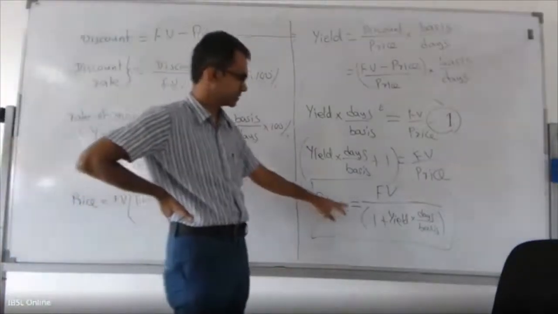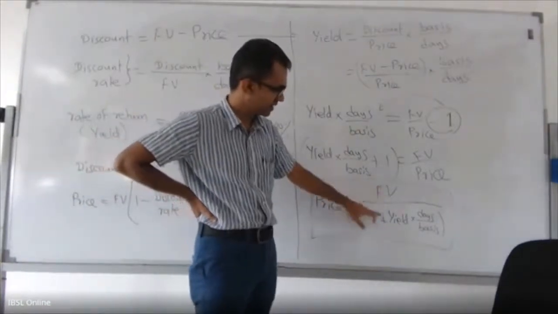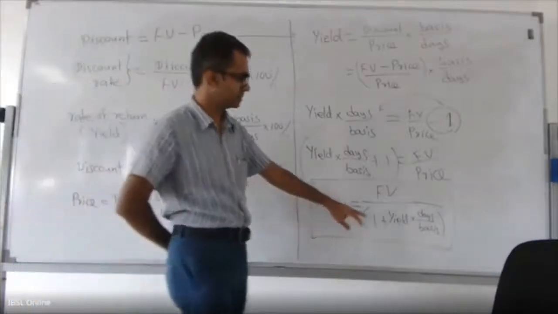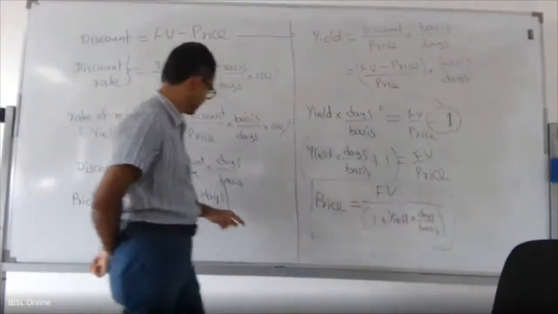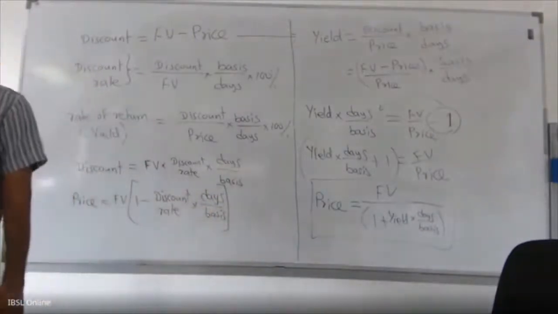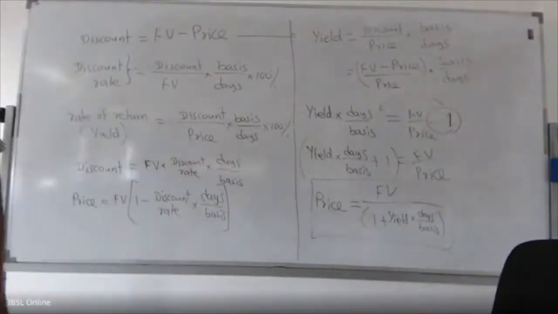Here, price equals face value divided by 1 plus yield. Yield adjusted for the time period. Here, discount rate adjusted for the time. Clear?